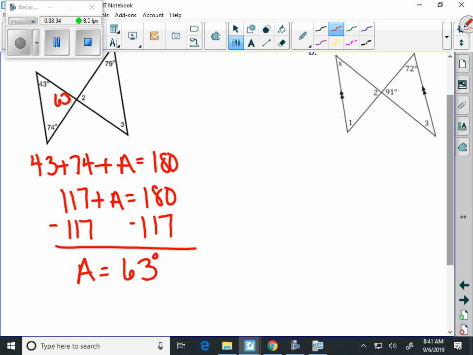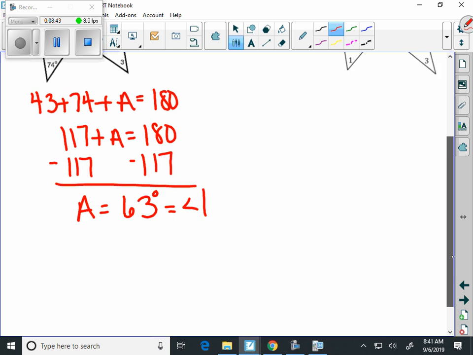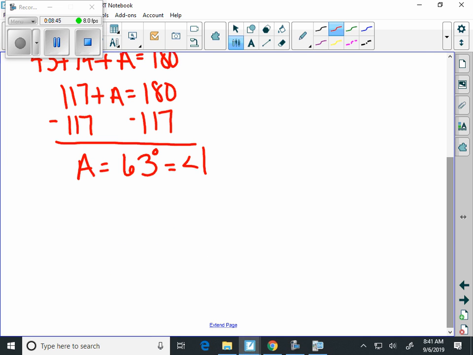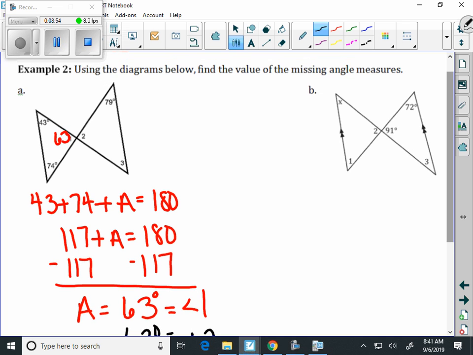Well, it's hidden in there, but there's an x in there. If angle 1, which I'm going to label now over here, is angle 1, the thing is, angle 1 is vertical to angle 2. So angle 2 is also 63.